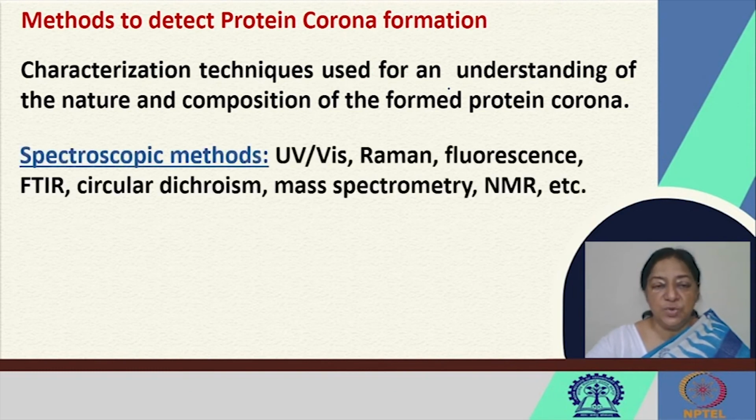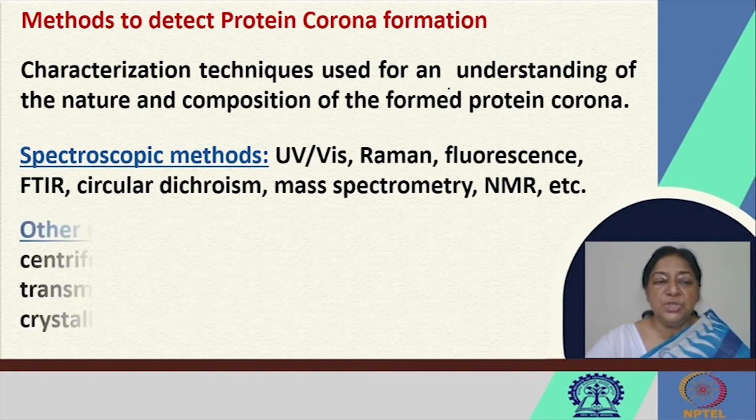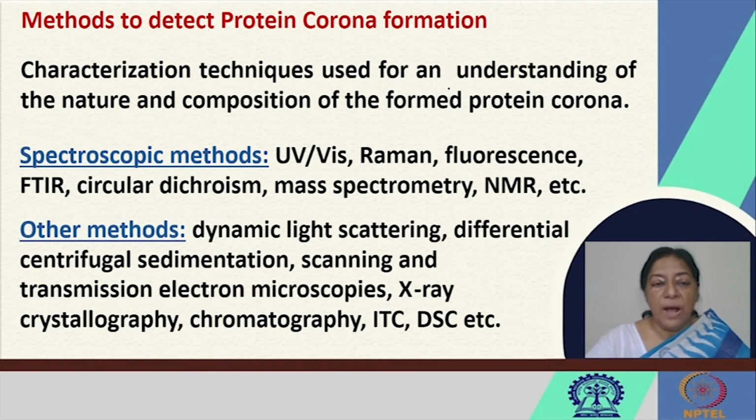Spectroscopic methods such as UV-visible, Raman, fluorescence, FTIR, CD (that's circular dichroism), mass spectrometry, and NMR can be used in addition to optical methods or other methods such as dynamic light scattering, differential centrifugal sedimentation depending upon the size, then scanning and transmission electron microscopy, X-ray crystallography, chromatography, and ITC and DSC.